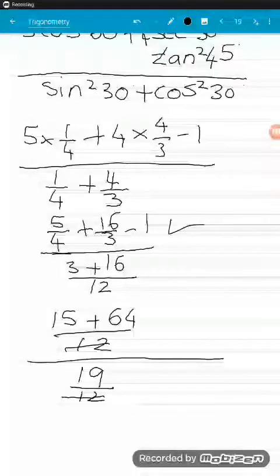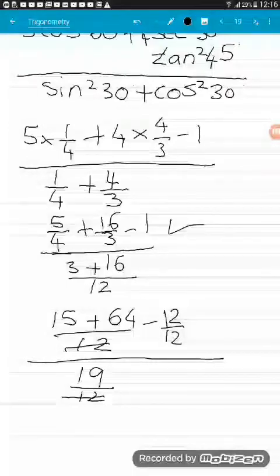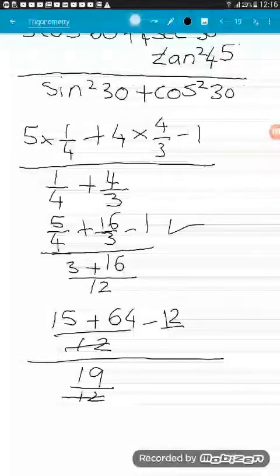Now here there is also minus 1, so you have to take the LCM for that also, so it will become 12 by 12. Let me do it again.